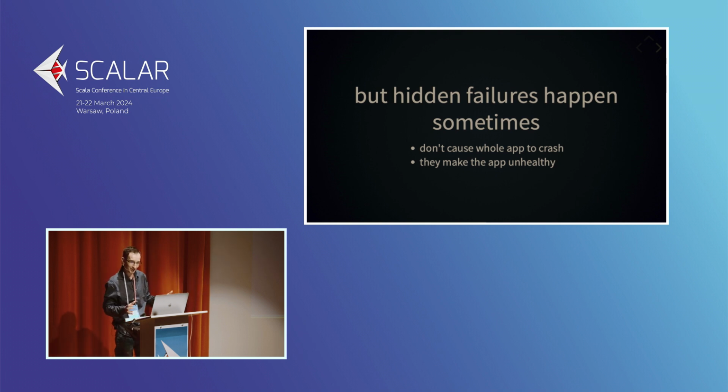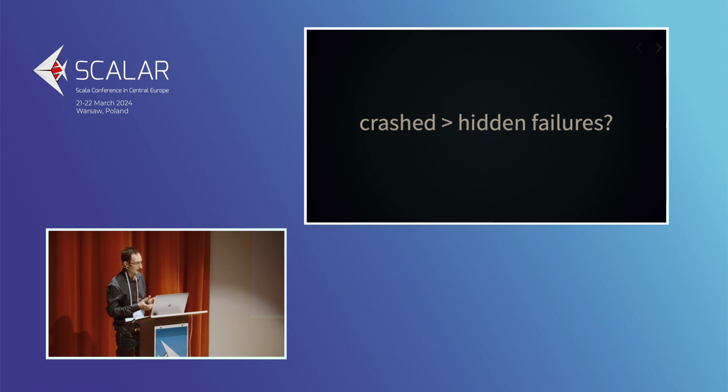So it's clearly not in a state we wish it should be. Okay, so in that sense, if something crashed, we're lucky because we know. If there is a hidden failure and we don't know, that's not ideal. Even worse if the client knows and we don't know. That's the worst case.